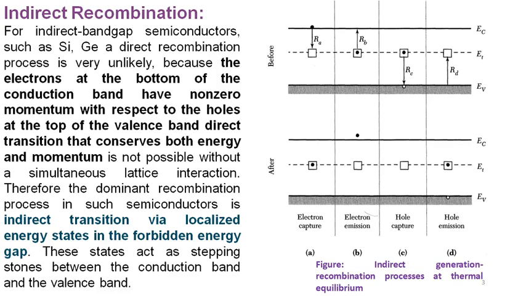In this indirect bandgap semiconductor, as I told, the valence band and conduction band are not lined up, so due to this lattice interaction the dominant recombination process in these semiconductors is indirect transition via localized energy states, called the forbidden energy gap.